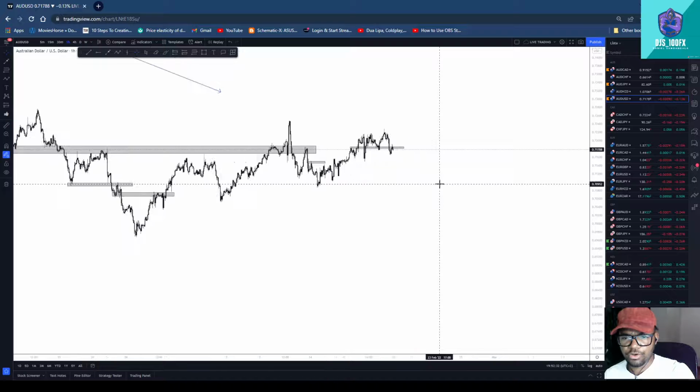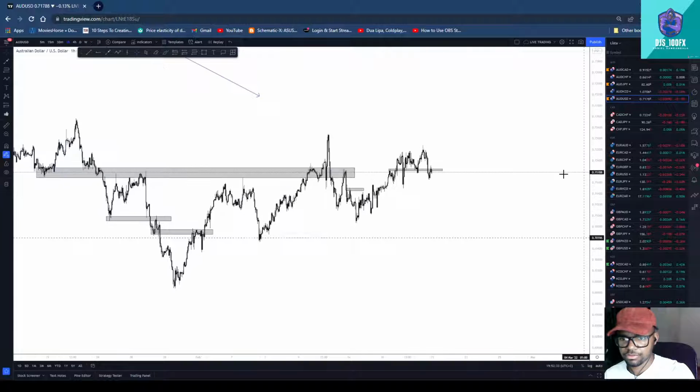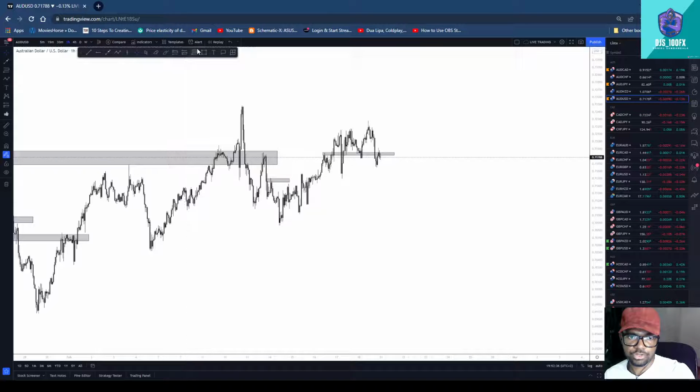I don't really know where price might go in the future, but I'll be looking for corrections and breaks and retests on this pair, in either direction.